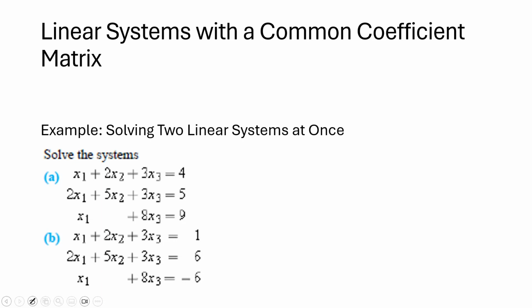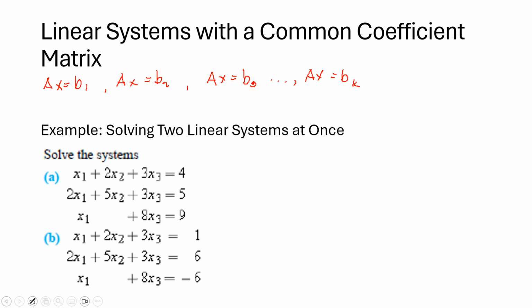You have Ax is equal to b sub 1, you could have Ax is equal to b sub 2, then you have Ax is equal to b sub 3, and of course so on to Ax is equal to b sub k, each of which has the same square coefficient matrix A.